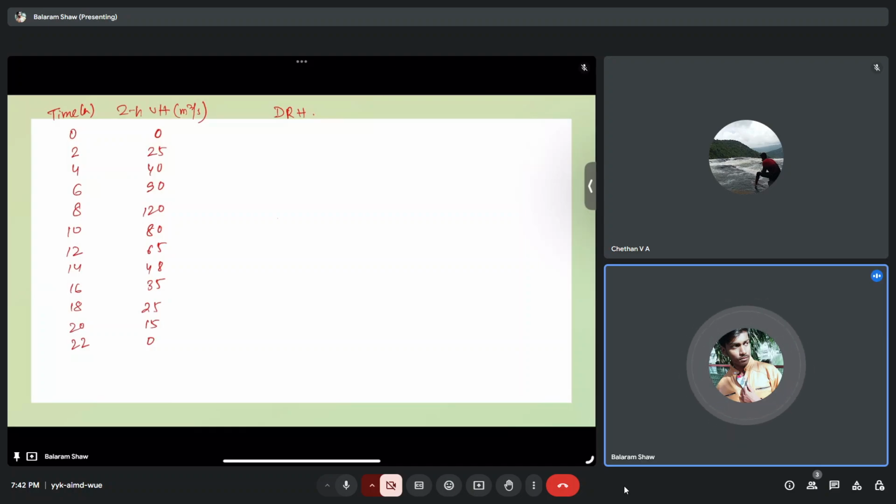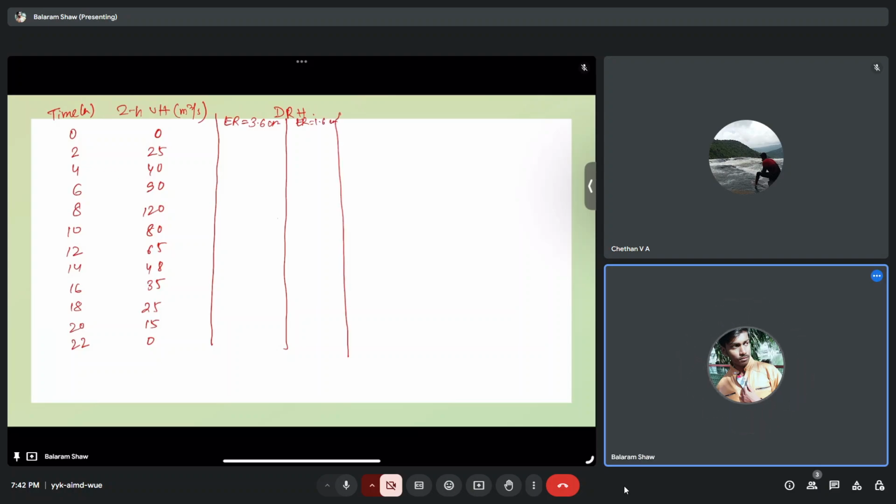Now the first one was effective rainfall of 3.6 centimeter. And for effective rainfall of 1.6 centimeter. And then for effective rainfall again of 3.6 centimeter, right?